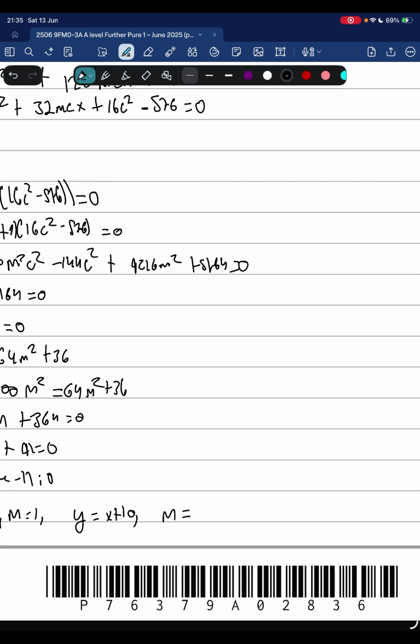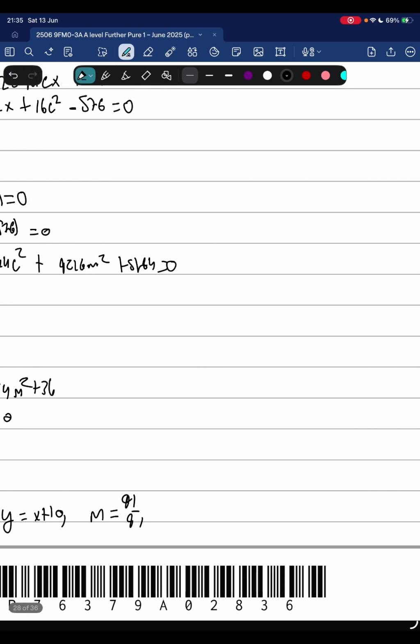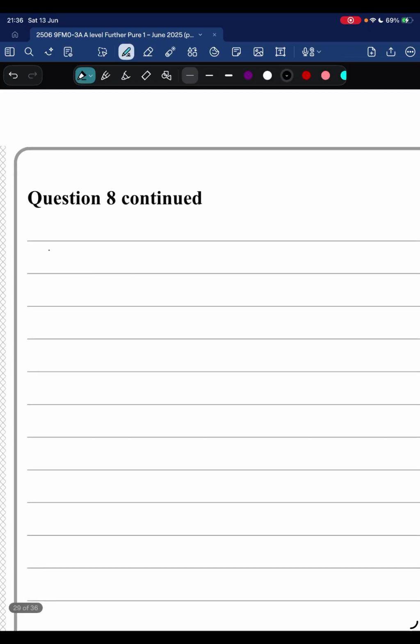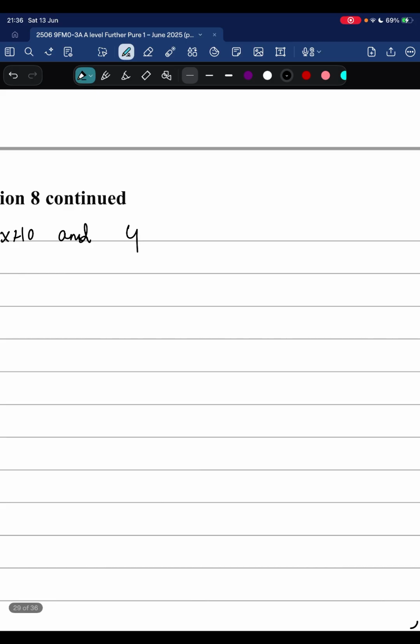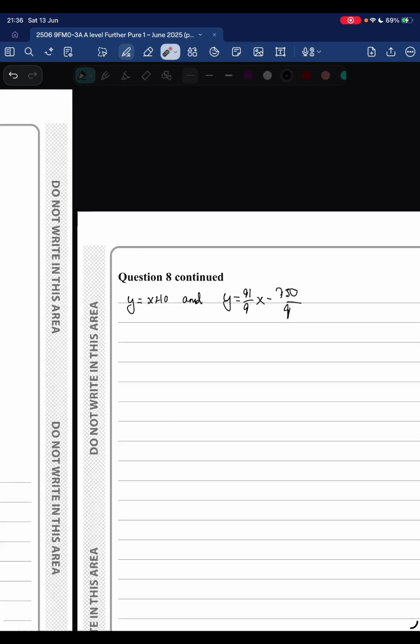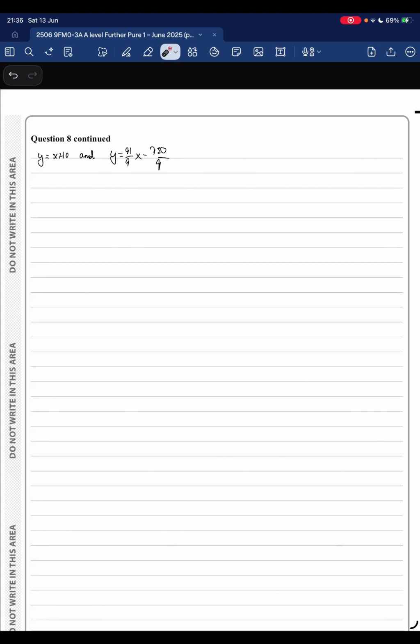Now if m equals 91 over 9, c is going to be minus 730 over 9. So the two lines possible are going to be y equals x plus 10 and y equals 91 over 9 x minus 730 over 9. And those are both the lines, right?